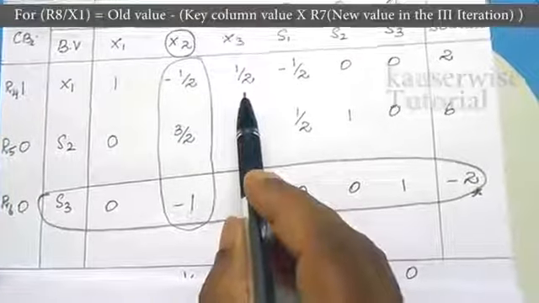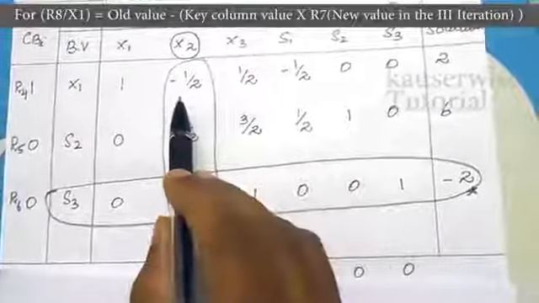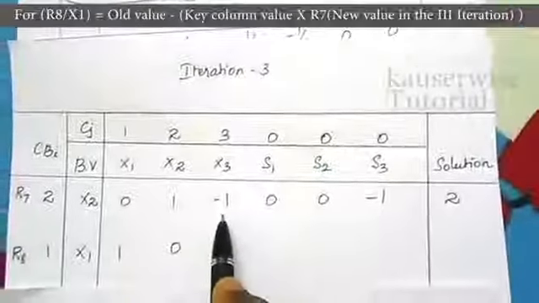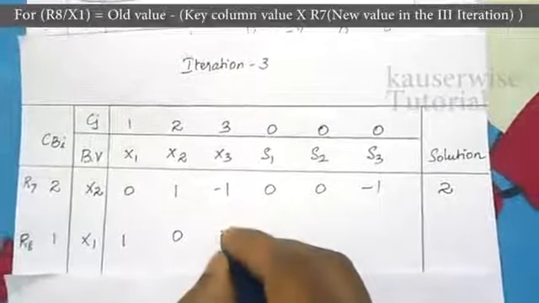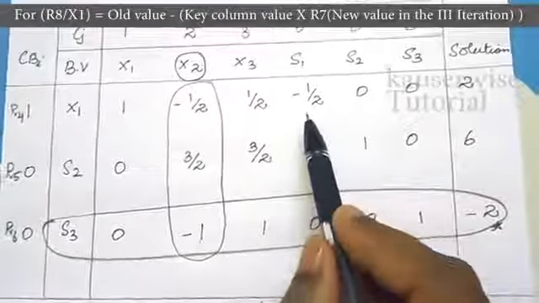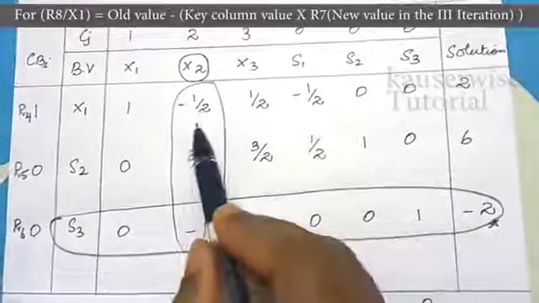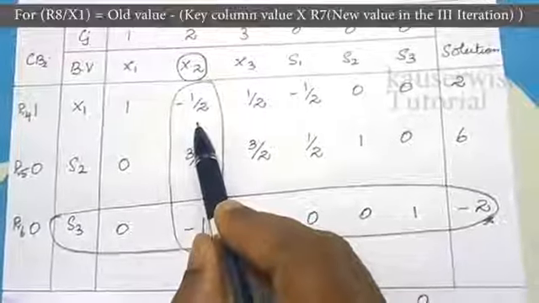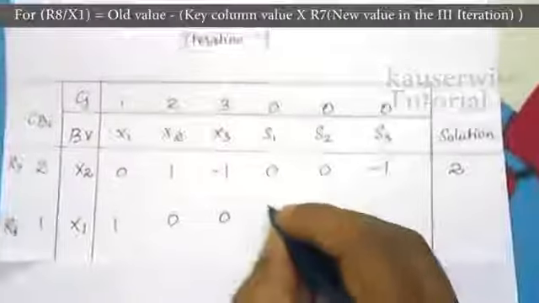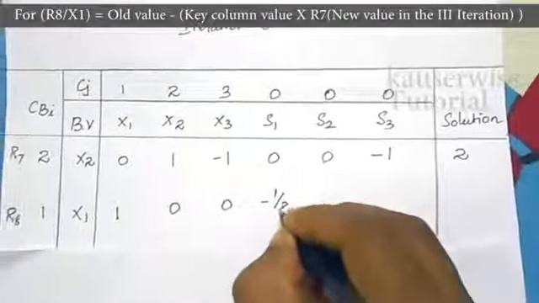For the next value, old value is 1 by 2, minus key column value is minus 1 by 2, into new value is minus 1. The answer is 0. For the next value, old value is minus 1 by 2, minus key column value is minus 1 by 2, into new value is 0. The answer is minus 1 by 2.